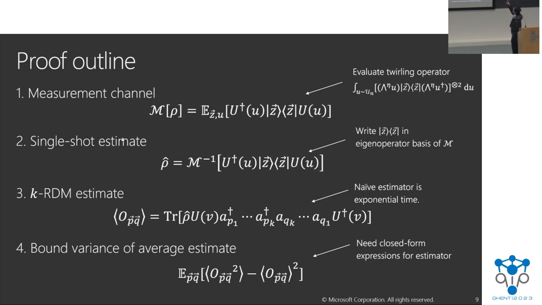So once you have written this twirling channel in some closed form expression, the next step is to invert it. Inverting it means finding the eigenoperators of your measurement channel. And this turns out to also be symmetric polynomials of your number operators. So this property of all of these being symmetric polynomials of number operators lets you express this exponentially big object over polynomially few more abstract number operators.